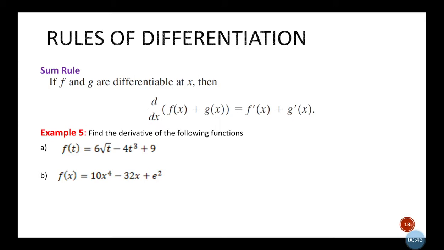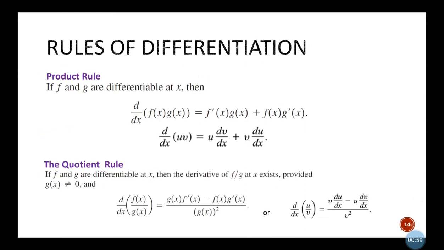So now this is a simple one. If you have two functions, and you want to find the derivative of the two functions, then you can just find the derivative of the first function plus the derivative of the second function. We stopped with example 5. Now we're going to continue with another one, which is the product rule.